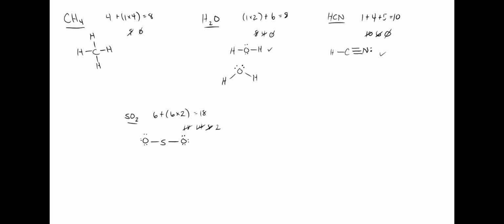You still have those 2 electrons, so the only atom that can take them would be sulfur. I'm going to draw them on top. And so now I'm out of electrons. This oxygen has an octet. This oxygen on the right has an octet, but this sulfur has only 6 electrons.